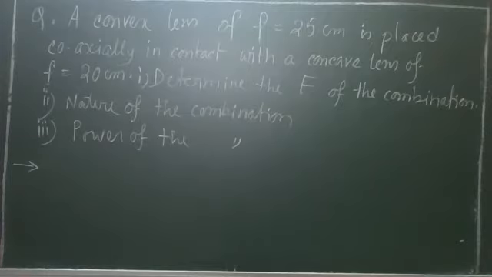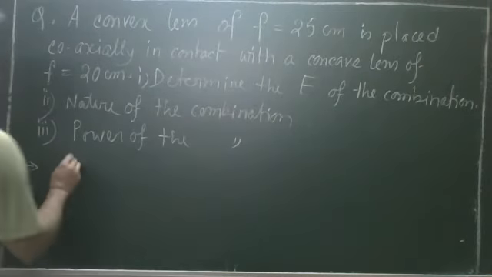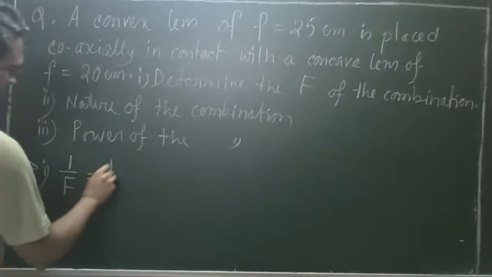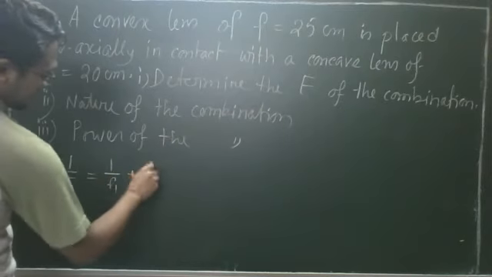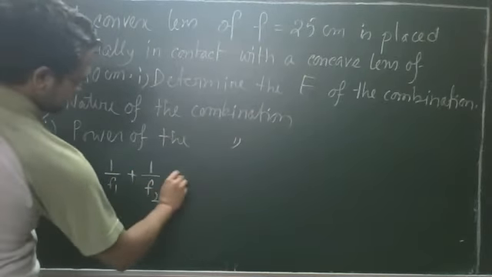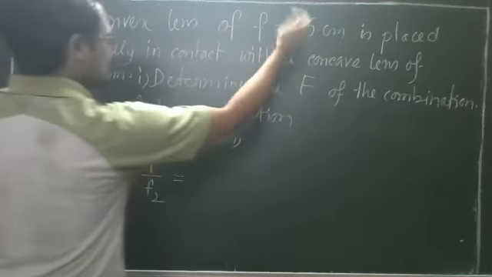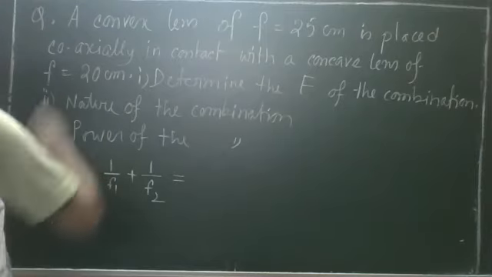So how will you solve? The formula is simple. First one, 1 by f equal to 1 by f1 plus 1 by f2. Suppose I am taking convex as f1 and concave as f2.